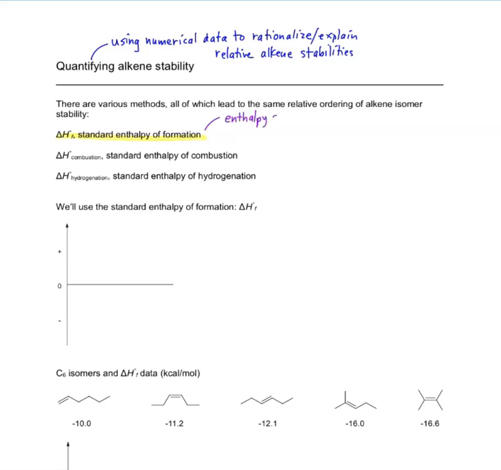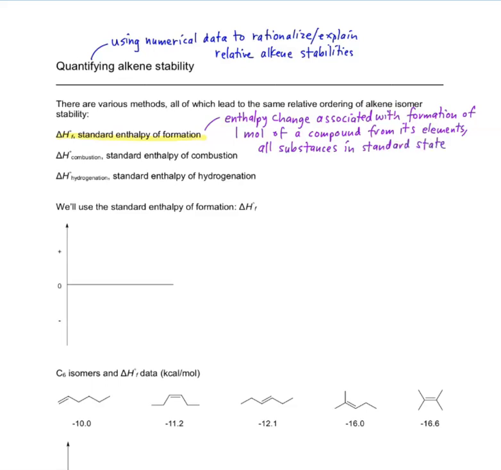The standard enthalpy of formation is the enthalpy change associated with the formation of, and specifically 1 mole of a compound from its elements, and again, the condition being that all the substances are in what we call the standard state.